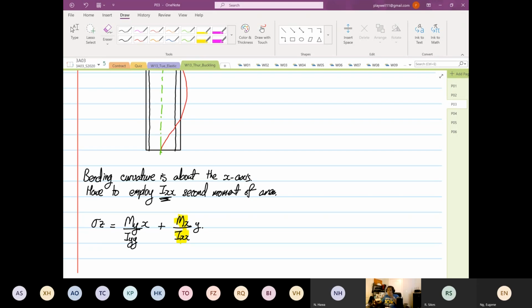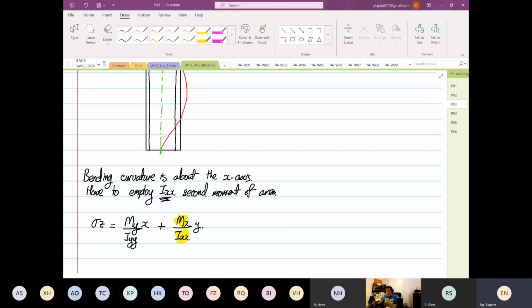Why are we looking at the second moment of area? The smaller second moment of area is the direction we have to use to calculate the critical load.